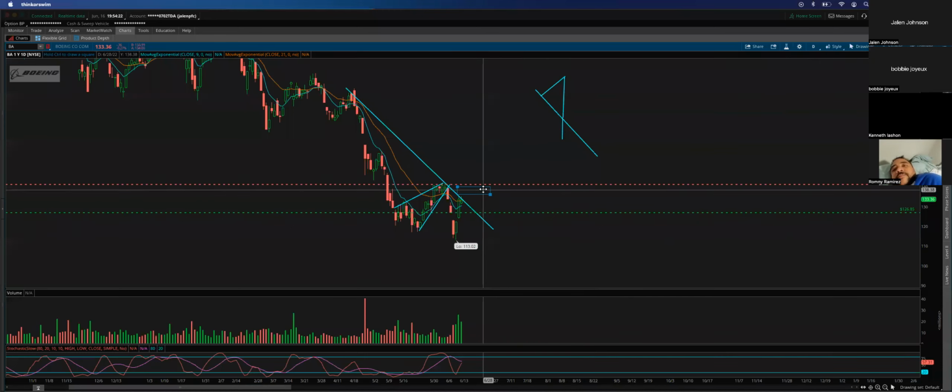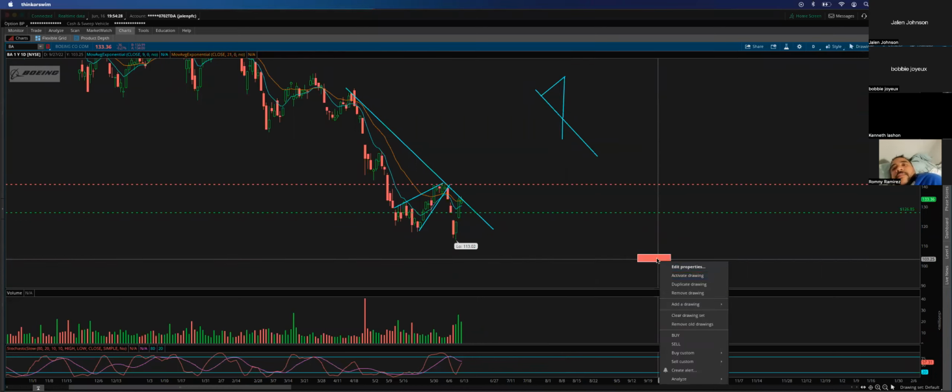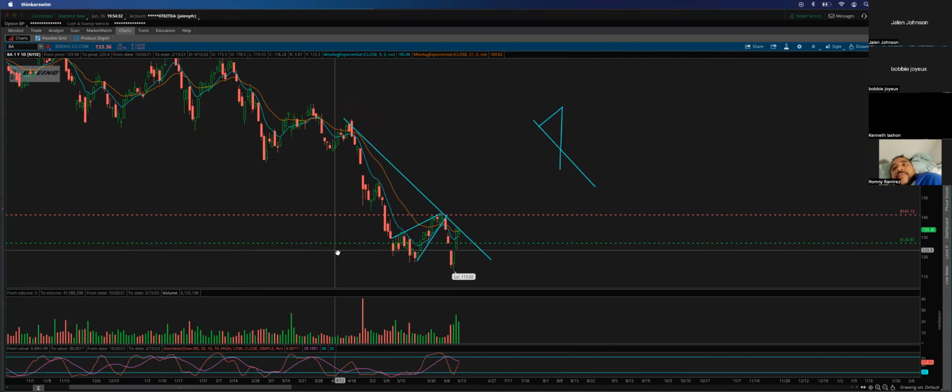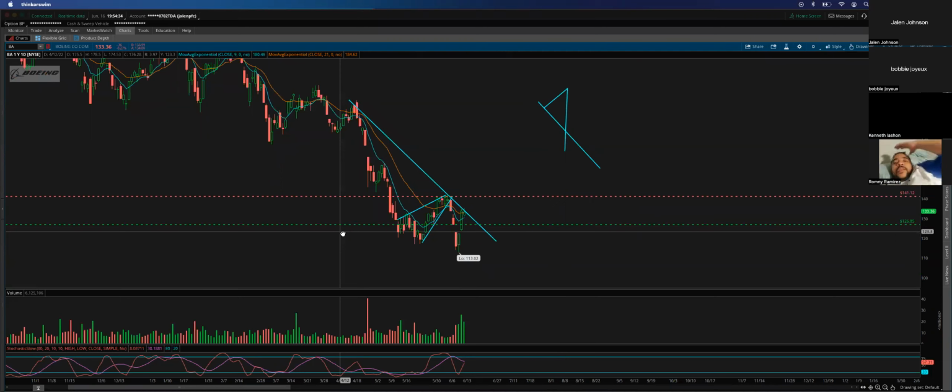Also, we have no other confluences that's telling us that we're going to reject, right? So that's the problem with a lot of traders, they don't have other confluences to support their reason. Like, yeah, it's at a trend line.